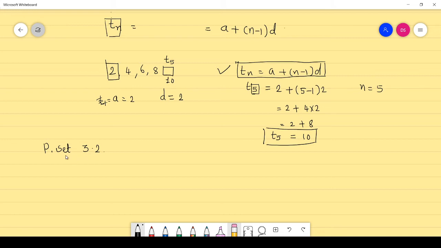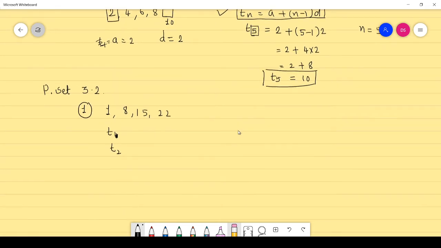Practice set 3.2 is quite easy, right? The first example is a practice revision based example. That means they give you different kinds of arithmetic progressions, that is 1, 8, 15 and 22, and they ask you to find out the first term, the second term, the third term, the fourth term.